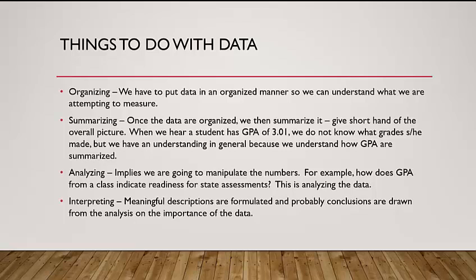So for example, we could look at the grade distribution in an Algebra 1 class and then look at the state testing in Algebra 1 and see what kind of readiness that class prepared those students. We would do that in a number of ways, which we'll talk about throughout our course so that by the end of the course you'll understand how to do that. But that's analyzing. So we're manipulating the numbers to see what kind of relationship is there.